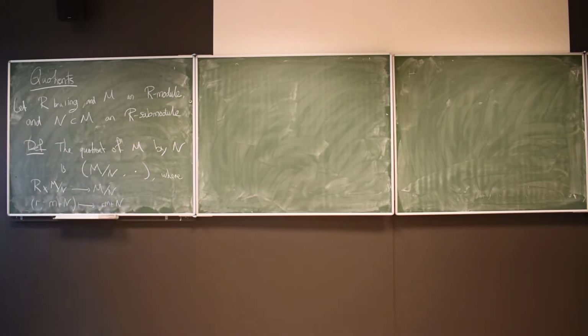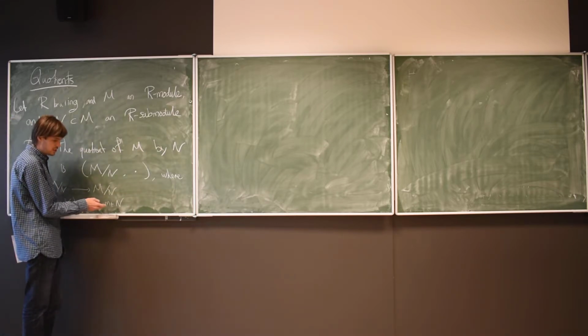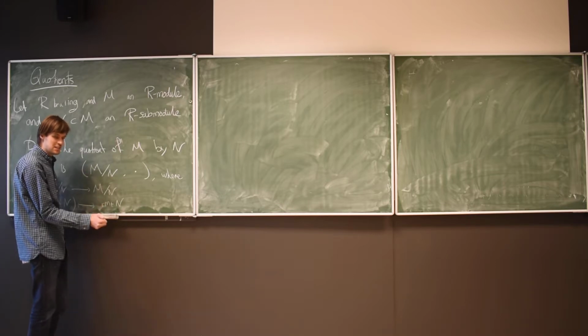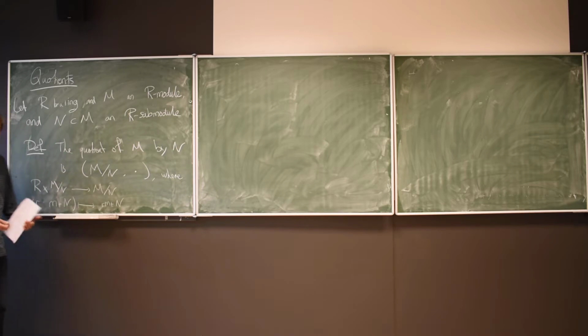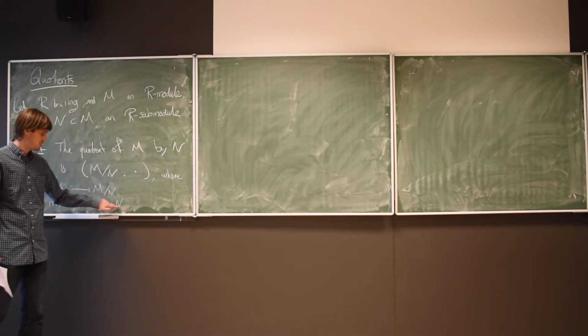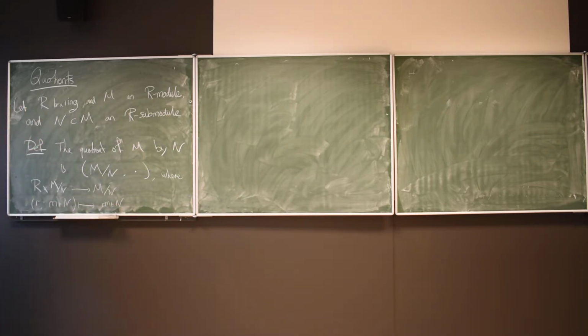The point is, of course, that if I had chosen a different representative, then this is just the old one plus something in N. So whatever the result is, it's going to differ by r times something in N. But since N is stable by R multiplication, that difference is not going to matter modulo N. So that's why this is a well-defined map.